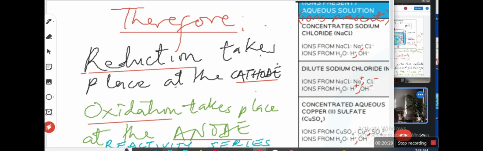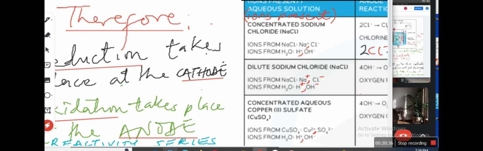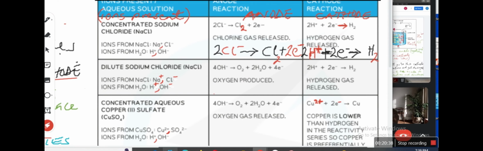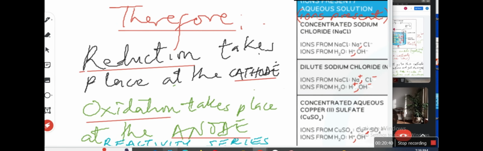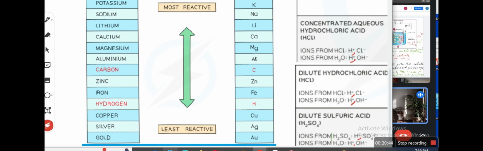Reactivity series is about how elements are arranged, in simple terms, based on the ease of reaction, or how easily they can react with other elements.